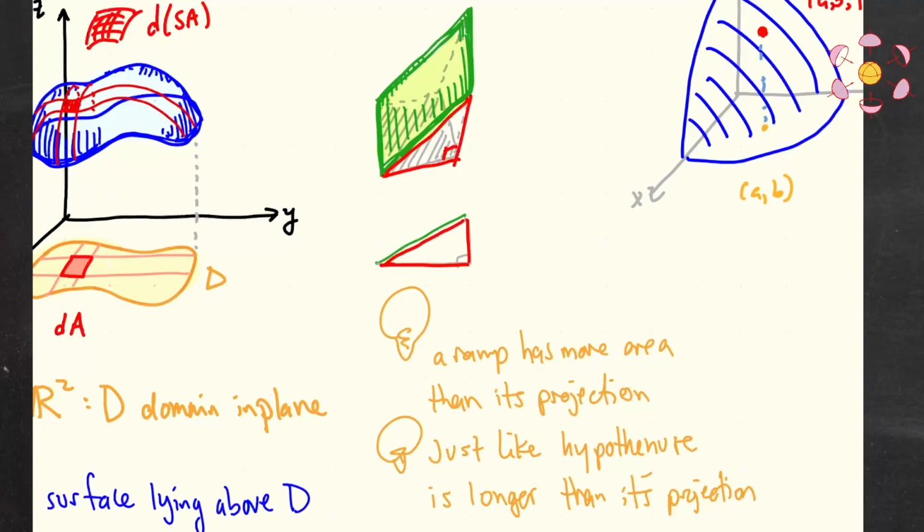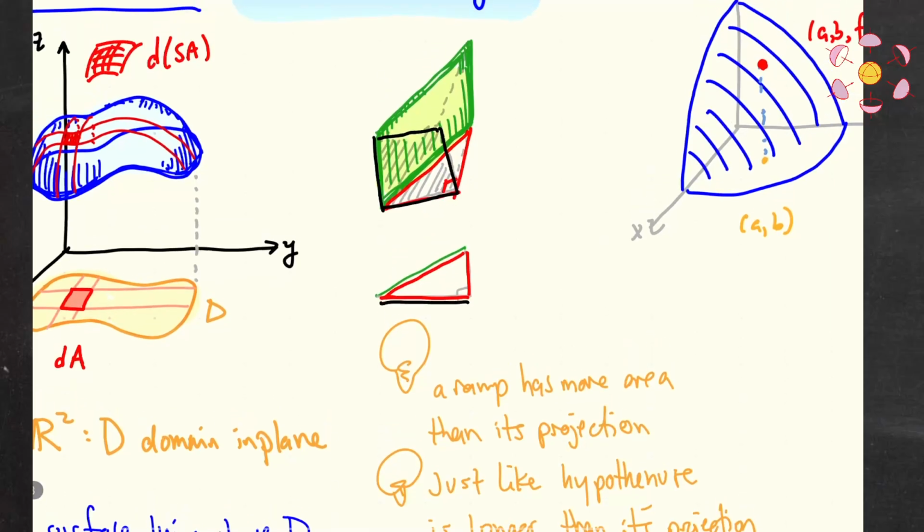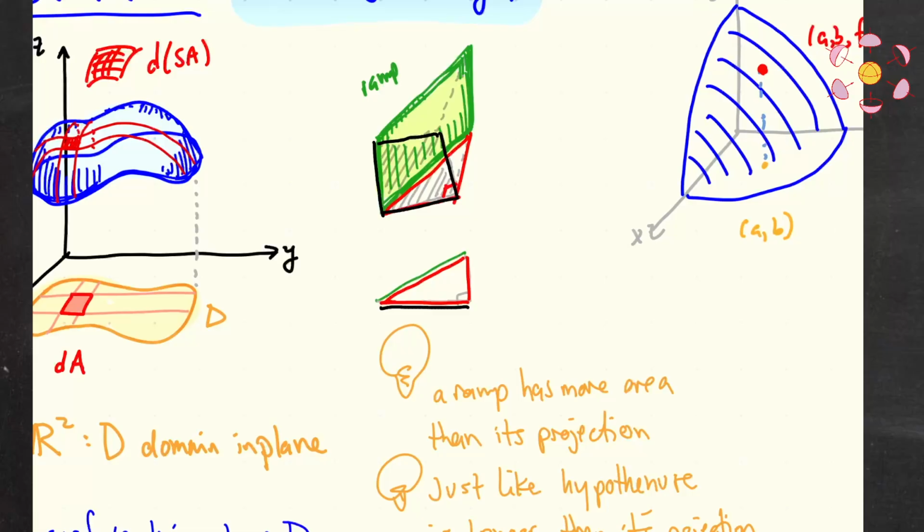Well, clearly the hypotenuse is always longer than its projection, if I look at it projected onto, let's say, the x-line, or if I look at the projection of that plane onto, let's imagine the bottom part, that square-looking piece, as being in the xy plane. So the ramp area is clearly bigger than the projected area, which is the black part.